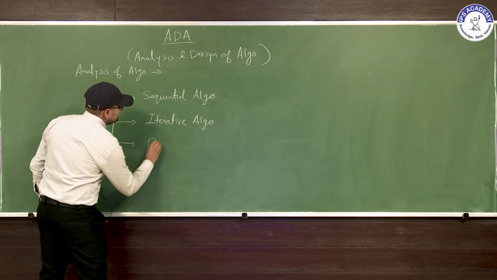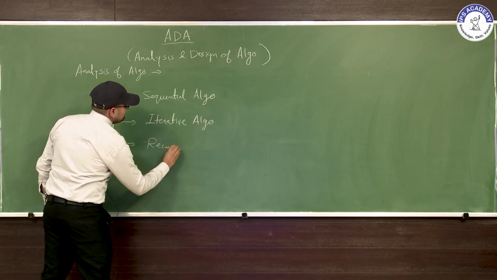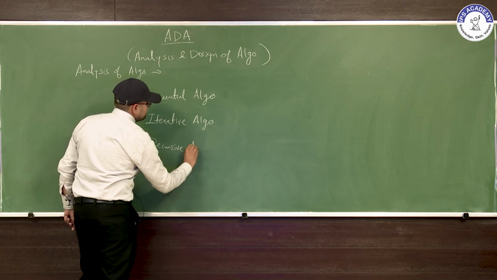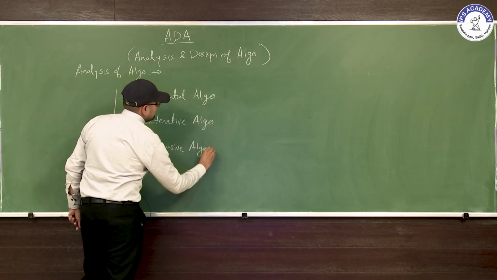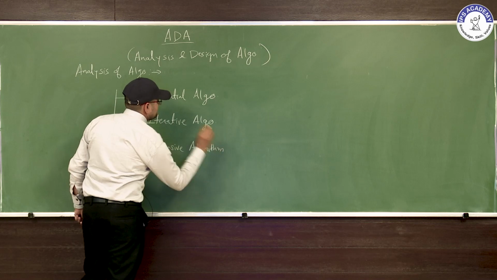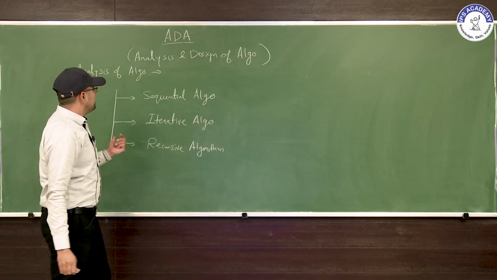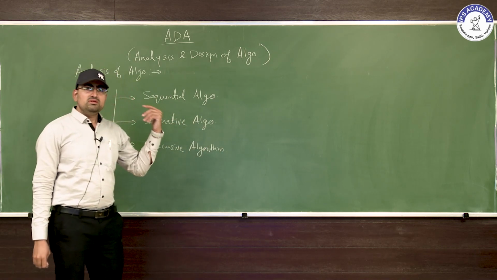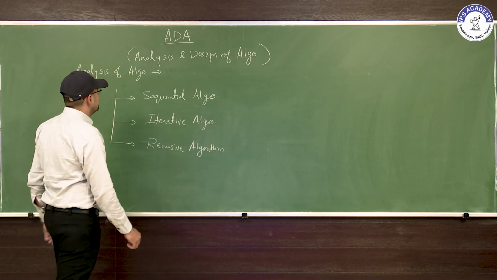And the third one is recursive algorithm. Now one by one we discuss which are these categories actually.